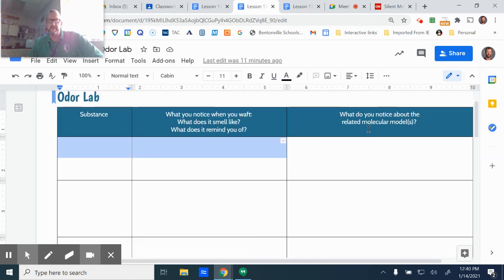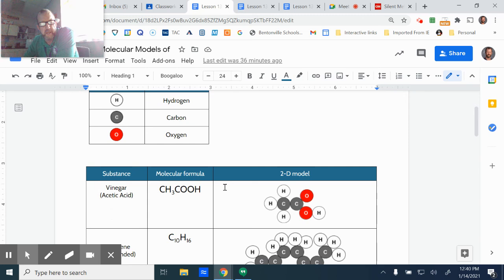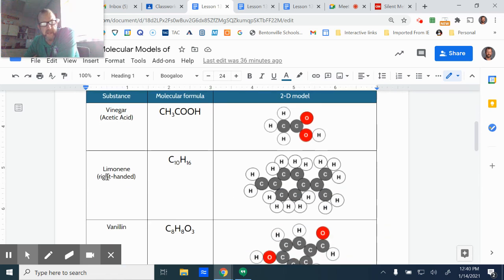What do you notice about the related molecular models? So what I want you to do is, the other document on this list says molecular models of different substances. And you'll notice that we are looking at three main atoms: hydrogen, carbon, and oxygen. So you come down here and you have vinegar. It shows you the model of vinegar.